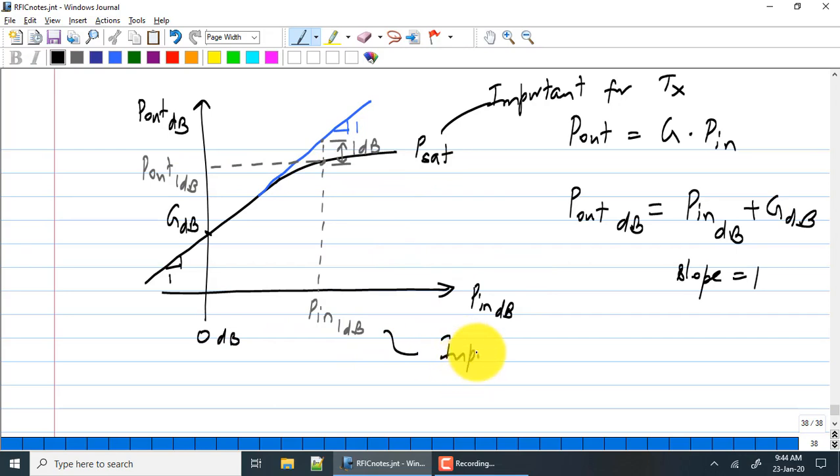So this P in, the x-axis value, is called the input 1 dB compression point.